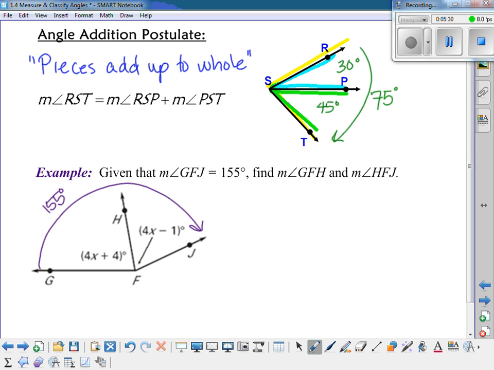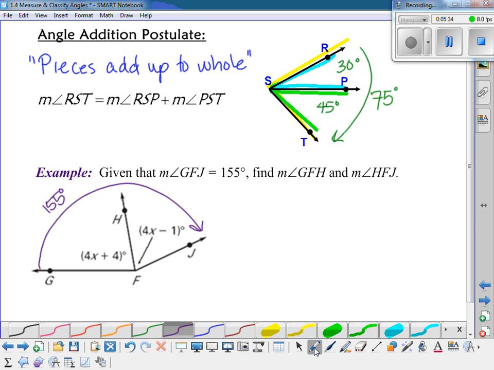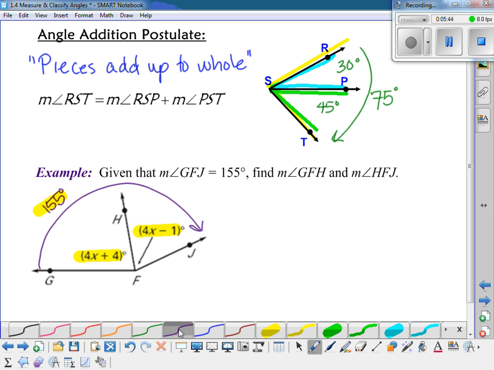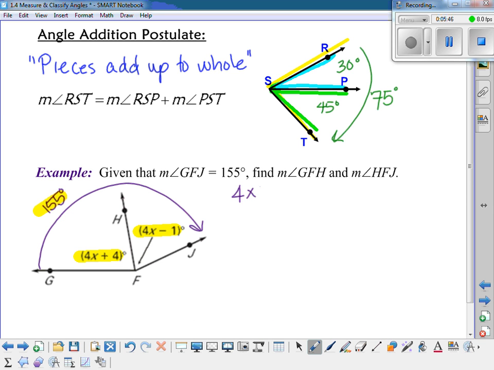And we're going to find the measure of GFH and HFJ. Well, these two pieces, the 4x plus 4 added to the 4x minus 1, have to add up to the whole thing, 155. So I set up an equation. 4x plus 4 plus 4x minus 1 has to equal 155.